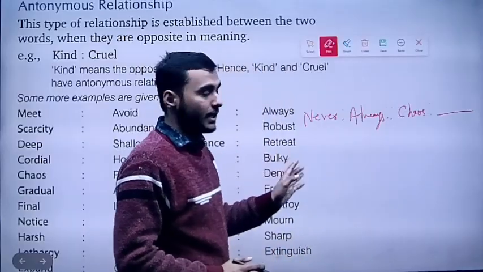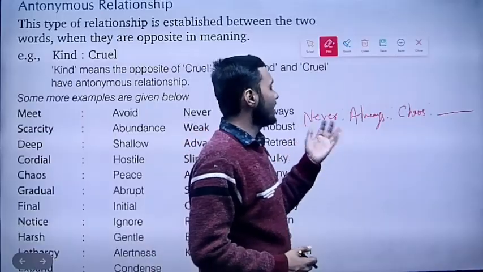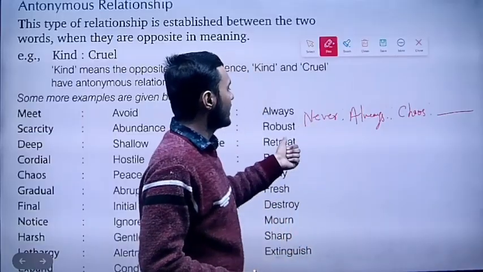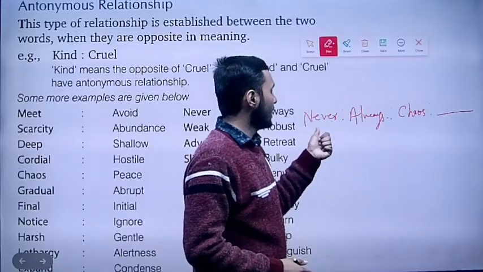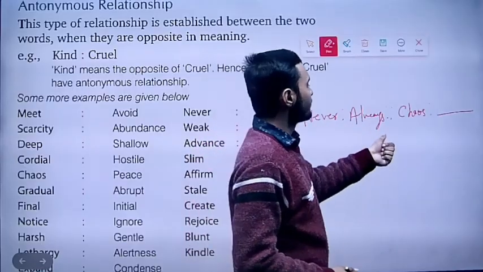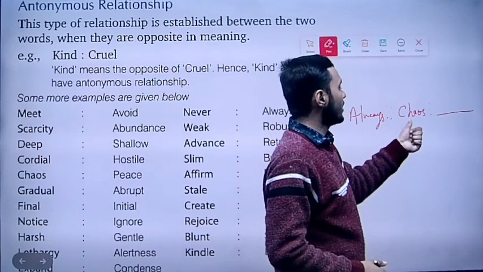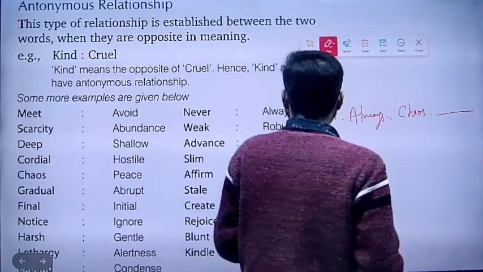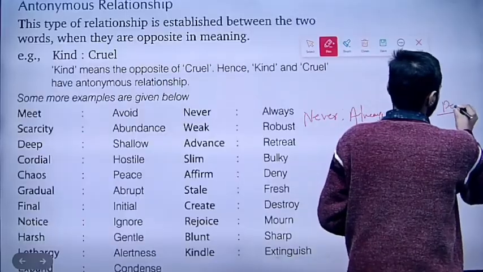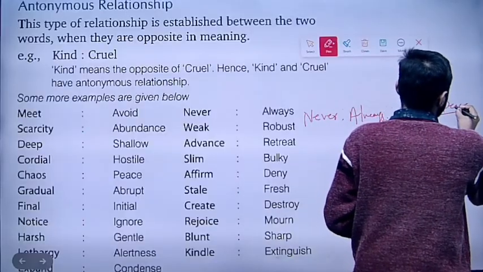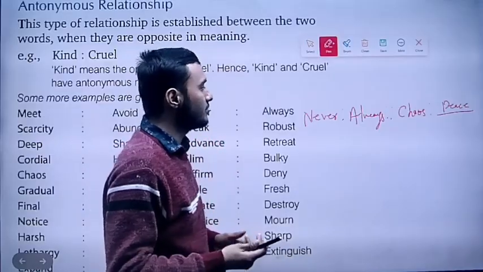Never means कभी नहीं, and always means हमेशा. So if we look at this question, we clearly find that there is an opposite relationship between never and always. So we have to find an opposite word to chaos. Basically, the opposite word to chaos is peace. See, chaos means harbadi and peace means shanti.